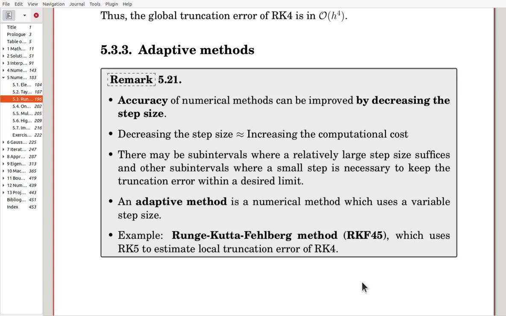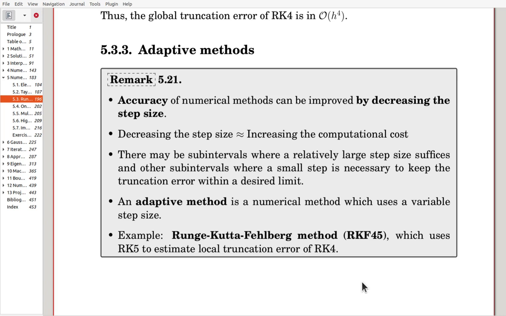So rather than always decreasing the step size, we decrease the step size whenever it is required. Once the solution is changing smoothly, we may use a larger step size. And once the solution is more oscillatory, then we choose a smaller step size. Such change of step size is a kind of adaptive method.